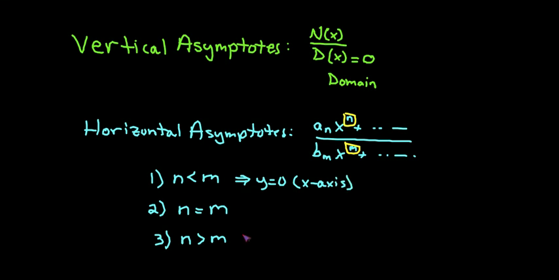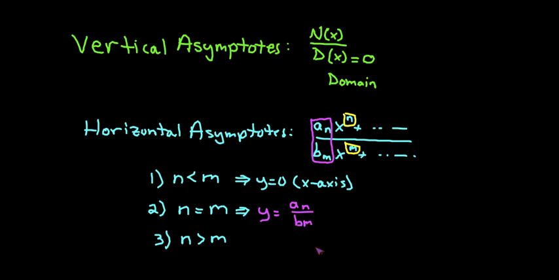My situation here, if they're equal to each other, so let's say it's 2nd power and 2nd power, then what's going to happen is I'm going to take a look at my 2 lead coefficients. And y equals that first coefficient over the 2nd coefficient.